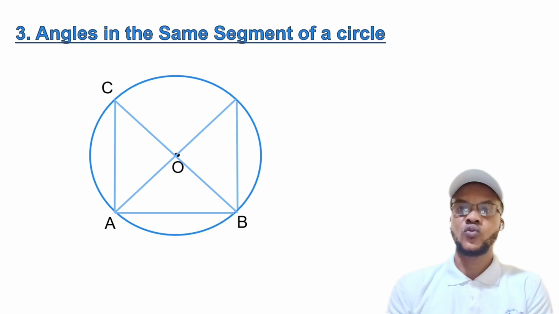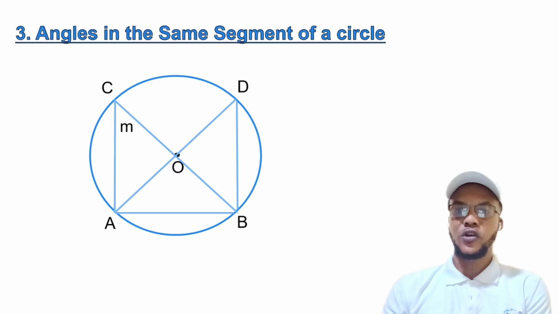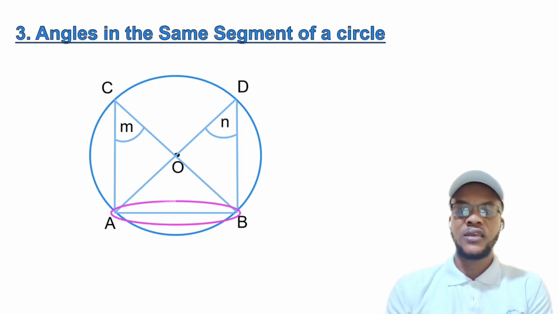So these are two triangles we have, but let's identify the angles at C and D. So we have M at C, and then we also have N at D. We realize that these two angles have the same chord, AB. And that is what this theorem is trying to say.